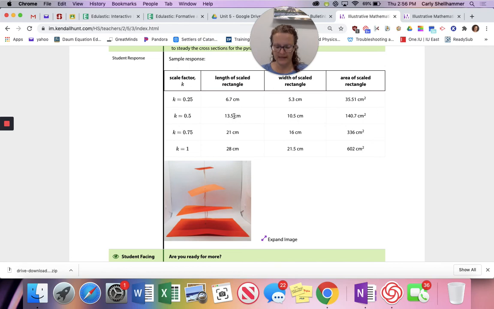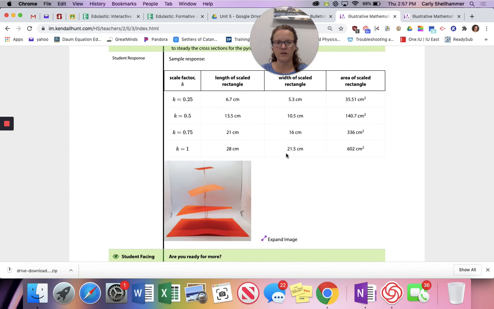And here, if I take 28 and multiply by 0.5, I get 14. They've measured, so it's a little off because we're measuring by hand, right? And if I take 28 and multiply by 0.25, I get 7, where they got 6.7, because again, human hands make errors.